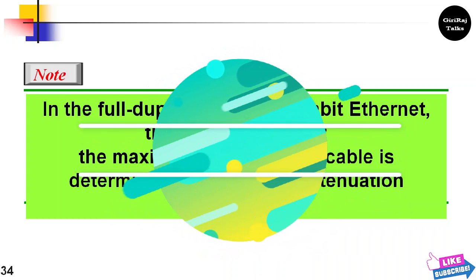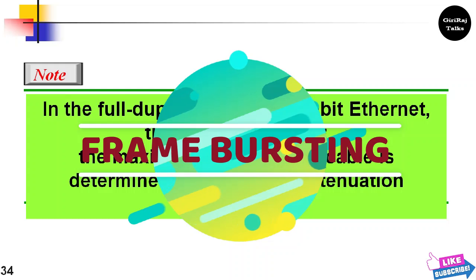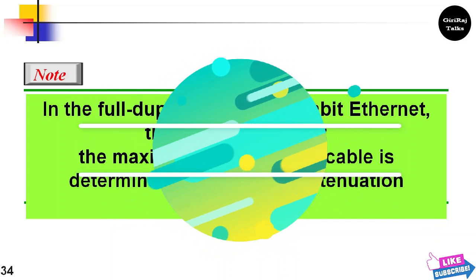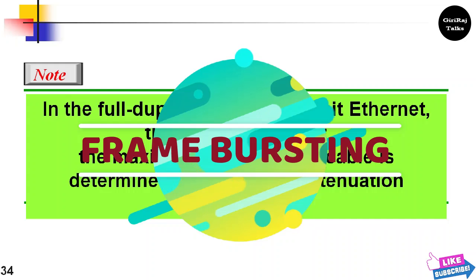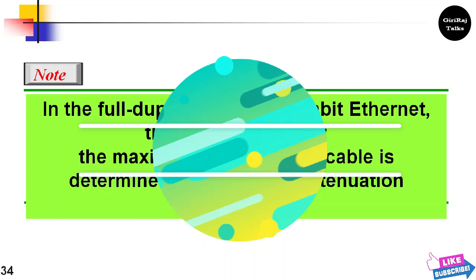However, to make these multiple frames look like one frame, padding is added between the frames, the same as that used for the carrier extension method, so that the channel is not idle. In other words, the method deceives other stations into thinking that a very large frame has been transmitted.